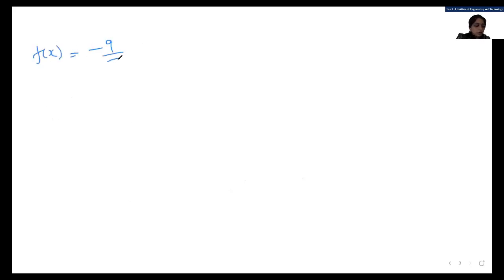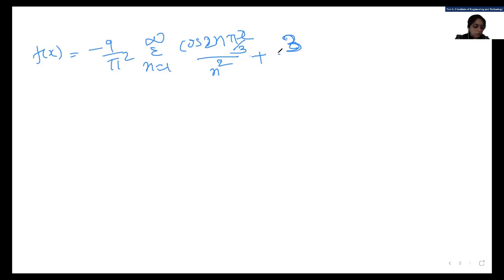So it is minus 9 upon pi square, summation n from 1 to infinity, cos 2n pi x by 3 upon n square, plus 3 upon pi, summation n from 1 to infinity, sin 2n pi x by 3 upon n.